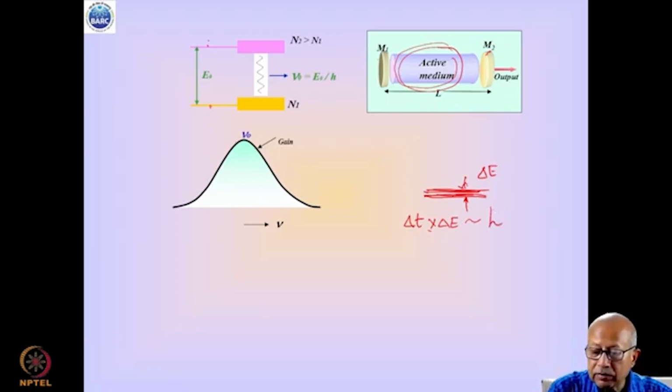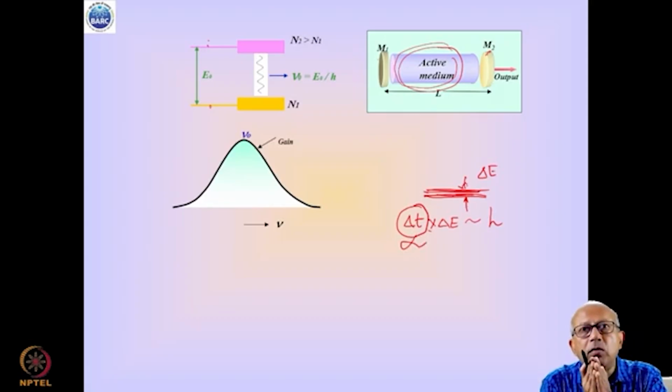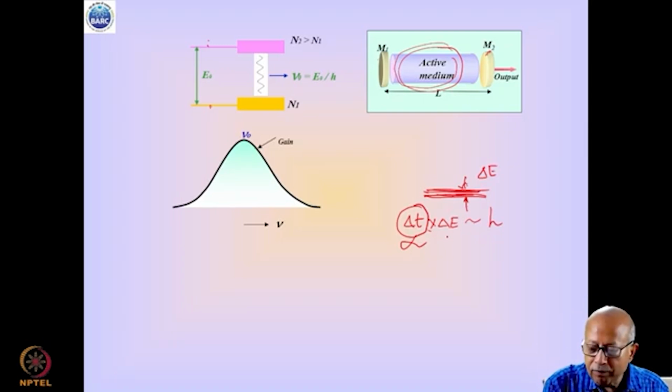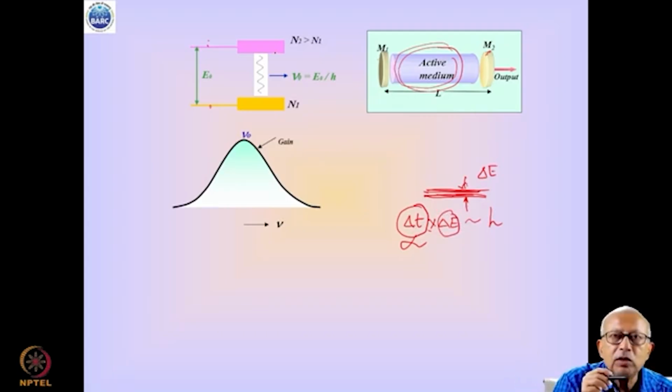So that means if delta T were infinity, then delta E would be narrow, just a single line. But because delta T is finite, there will be a corresponding spread in energy. And that is what is shown here.